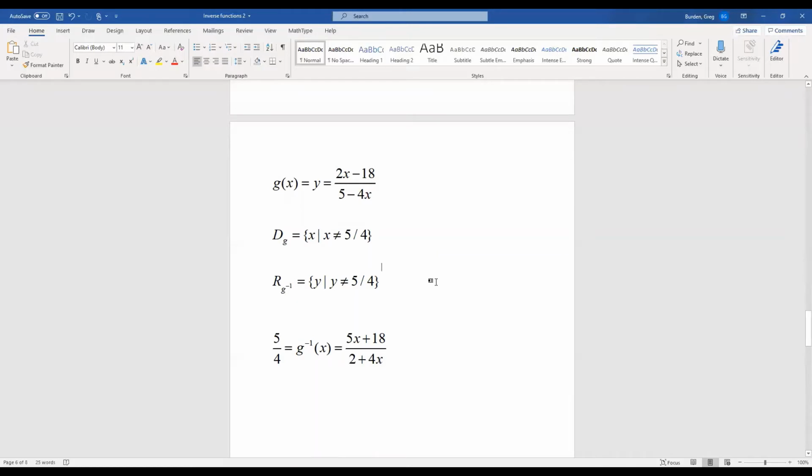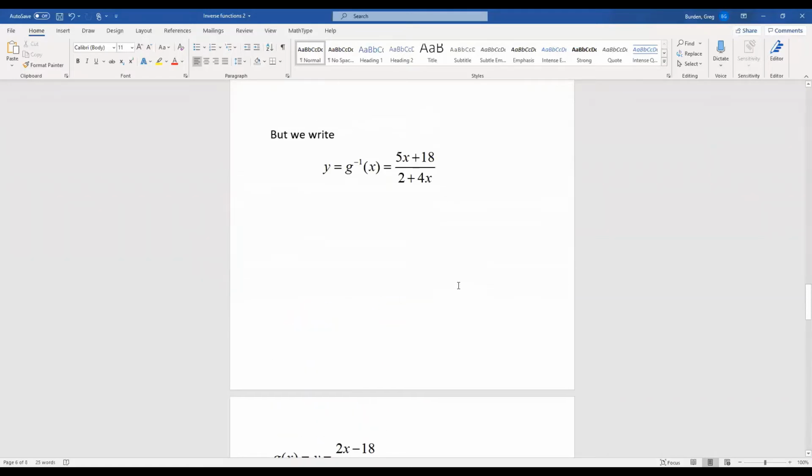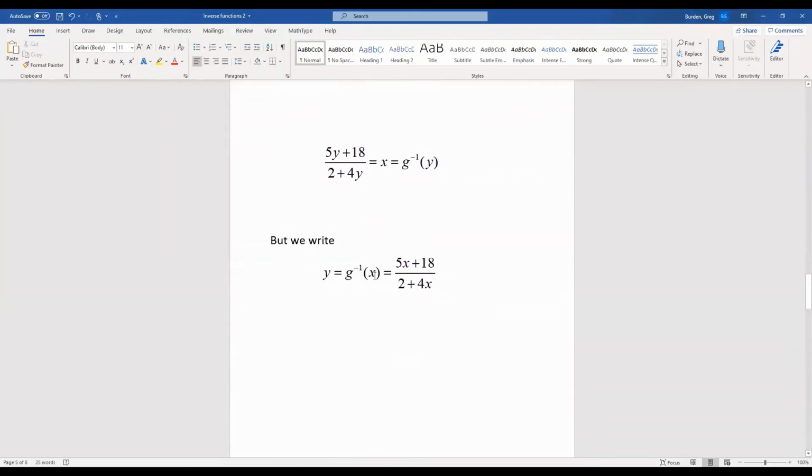We could also check, and I'll leave it to you to maybe check this on your own, that if you were to look at the domain of G inverse, which is pretty simple, it's everything except for -1/2. If we plug in -1/2, we'd have 4 times -1/2, which is, of course, -2. -2 added to 2 would be 0, and we'd be dividing by 0.